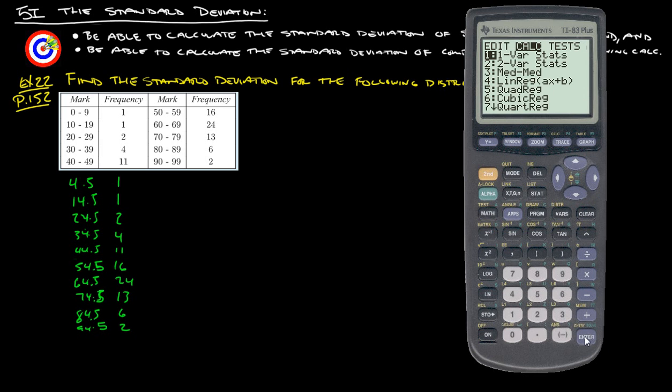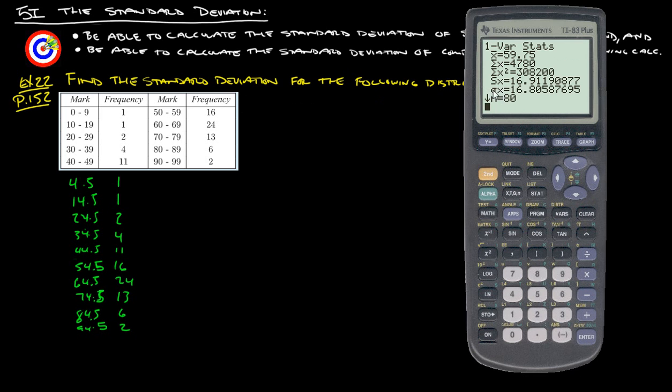Okay? And then we just do what we did before. We go back into stat, calculate, choose one variable stats, and again we have two lists of data, so we do second, and then list 1. Oh, that's not what I wanted. I'll go back and do that again. I forgot to put list 2 in there. So one variable stats, second list 1, comma, and then second list 2, and then we hit enter.